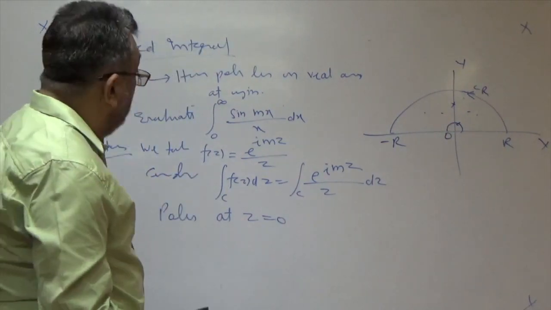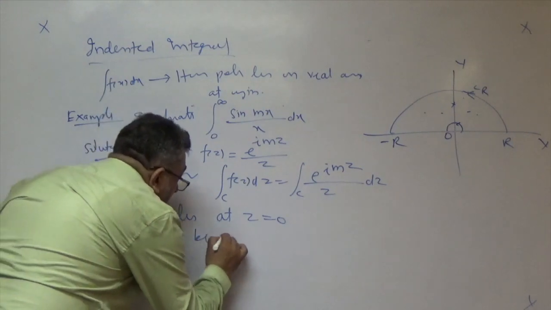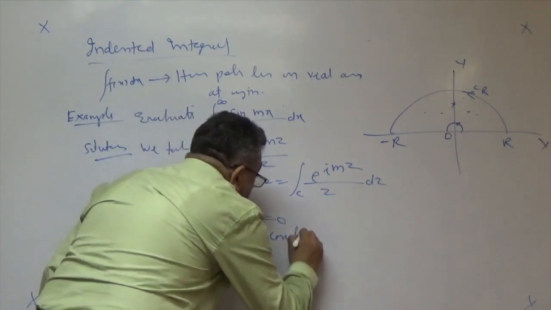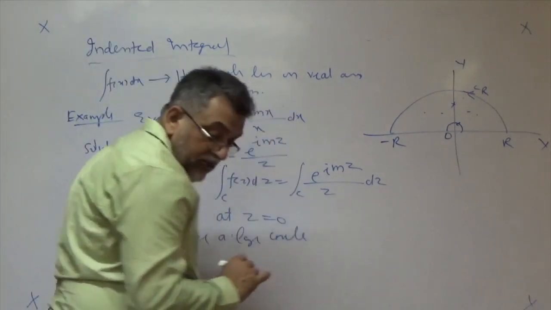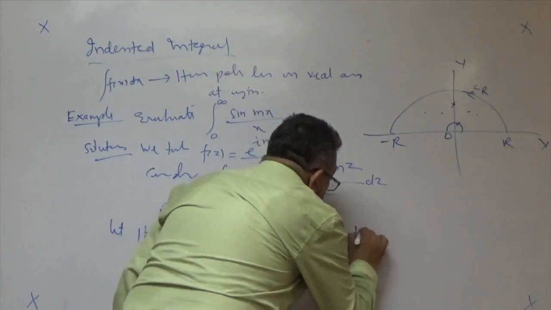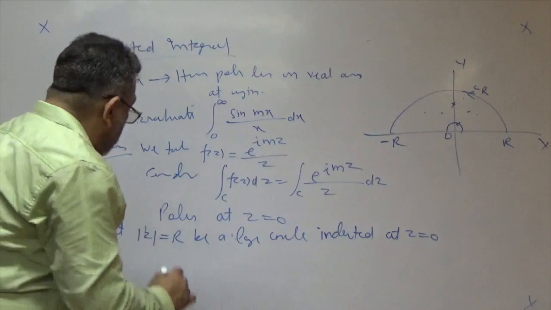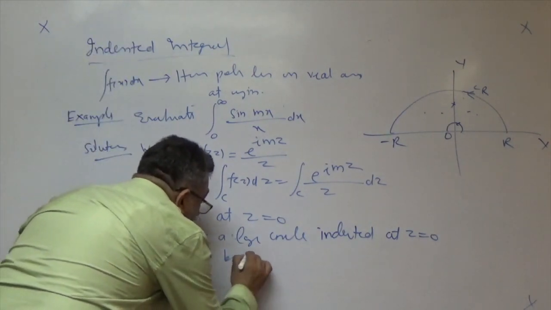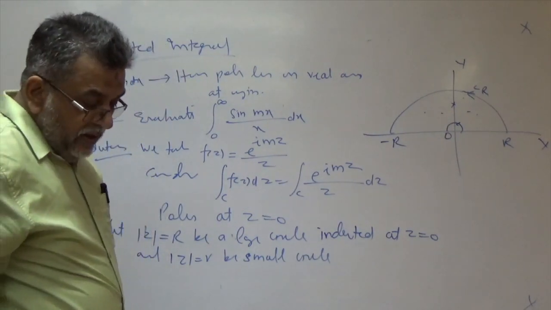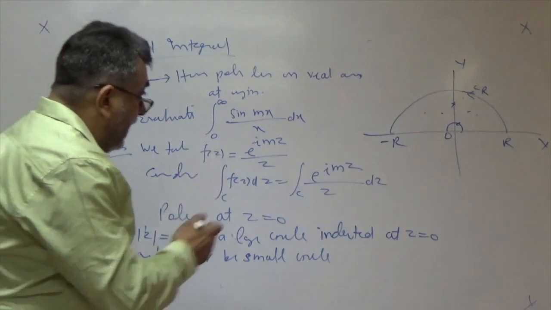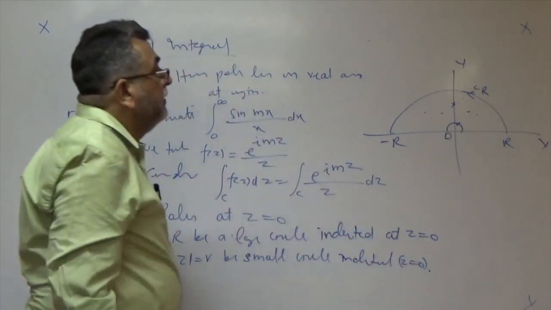Now for avoiding this pole, we consider let |z| = R be a large circle, indented at z = 0, and let |z| = r be a small circle around that indentation at z = 0, right?